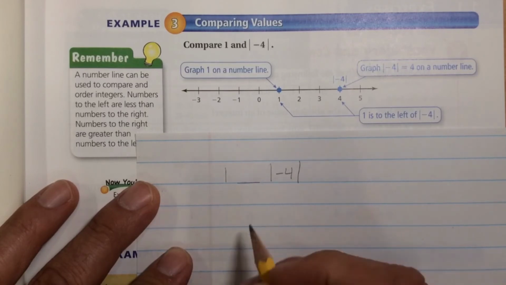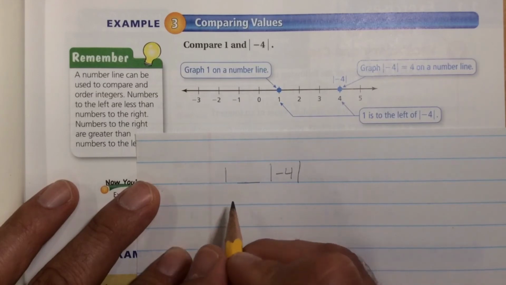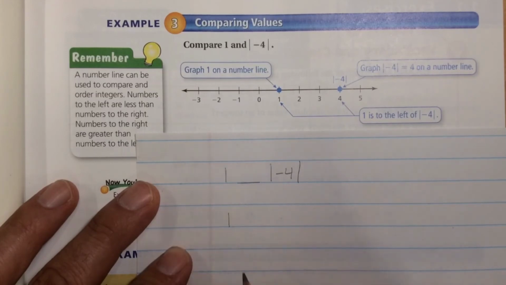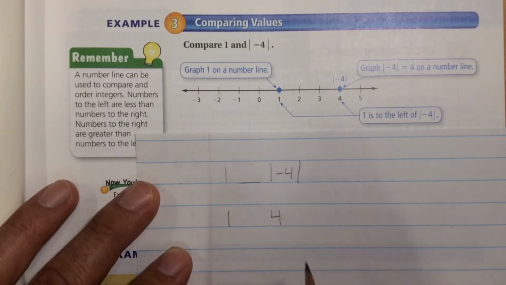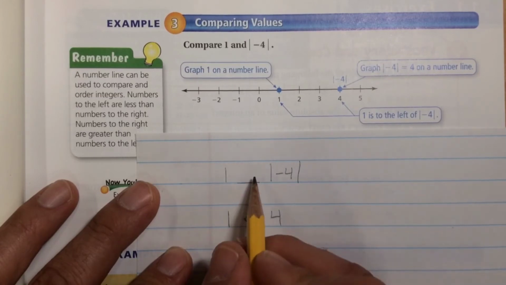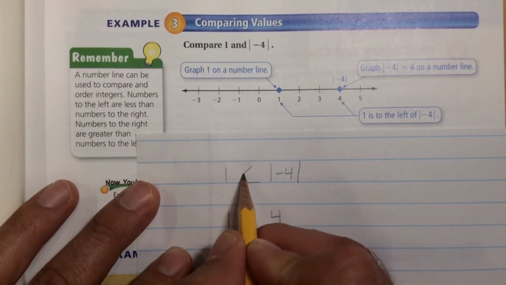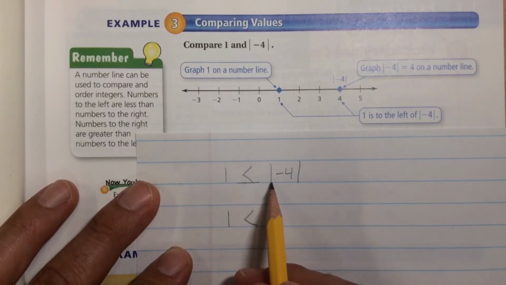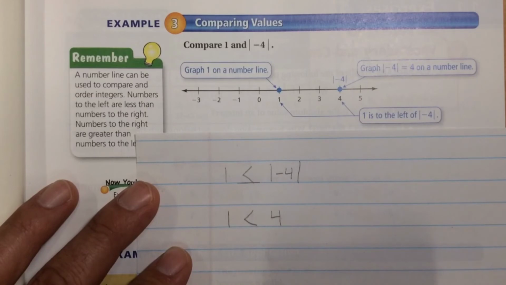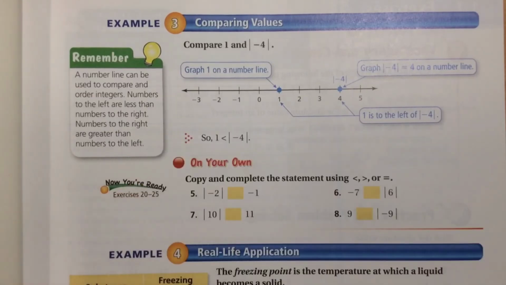What I would do is write down a similar problem. I would keep 1, because it doesn't have to change, but the absolute value of -4, I would just write 4. Well, that's pretty easy. I know that 1 is less than 4. So now I can go up here and use that less than symbol. 1 is less than the absolute value of -4.